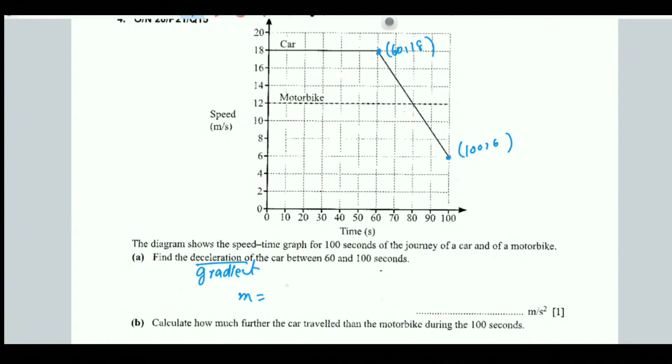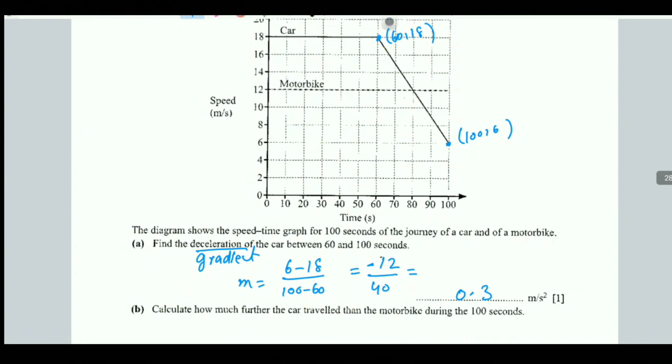So m is equal to 6 minus 18 over 100 minus 60, that is minus 12 over 40, and that is minus 0.3. You will not write the negative sign with the answer of deceleration. So 12 by 40 is actually 0.3.